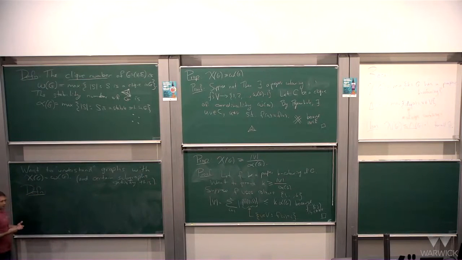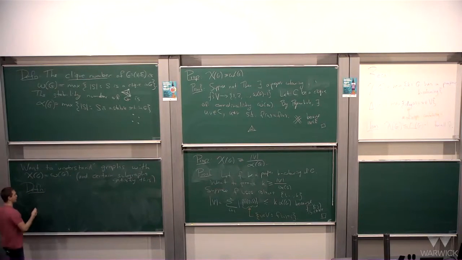And those are something called perfect graphs. So that's what I'm going to define. I need a few other definitions, and then I can define what a perfect graph is.